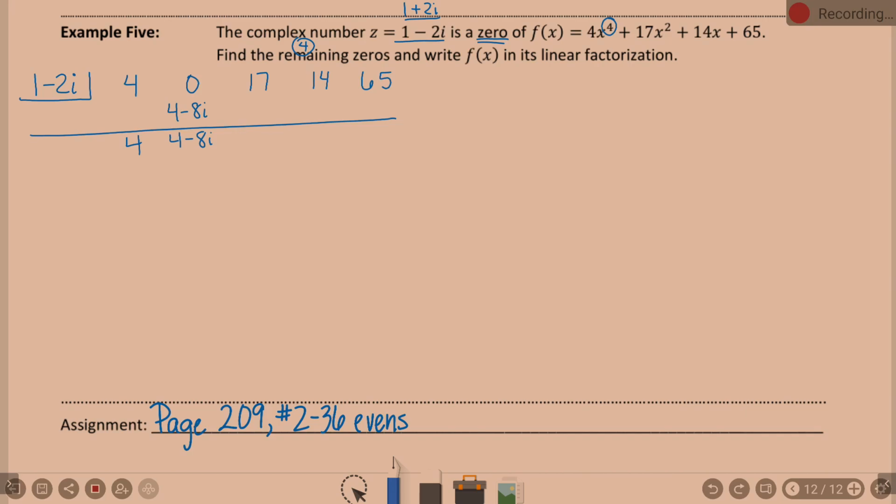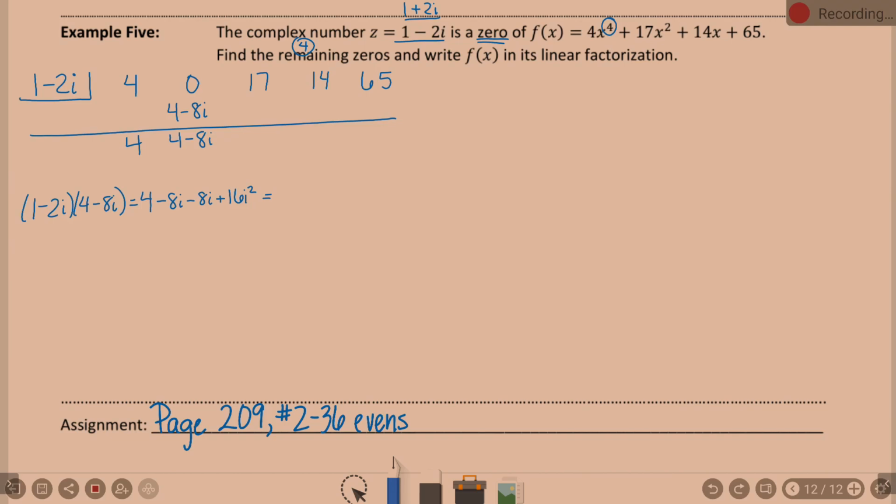We have to multiply. And so we are going to FOIL 1 minus 2i and 4 minus 8i. 4 minus 8i, minus 8i, plus 16i squared, which is 4 minus 16i plus 16i squared.